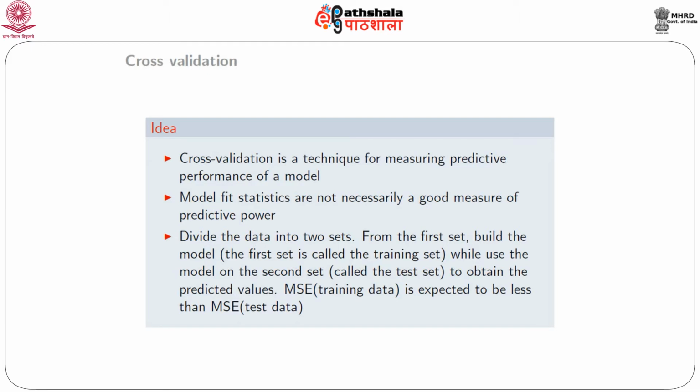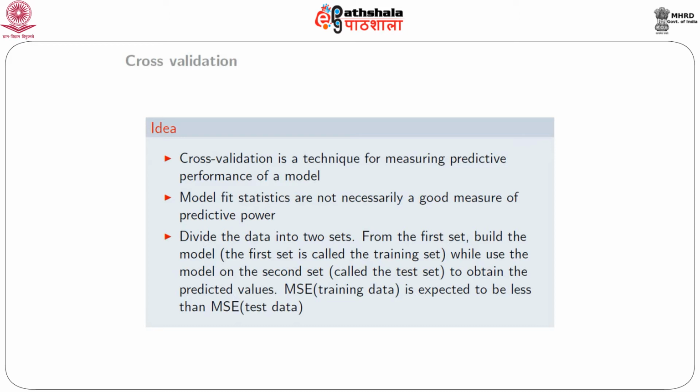For example, take a simple polynomial regression. If we go on adding higher order terms, go on increasing the power of the explanatory variable, the fit gets better and better with increase in R square, but that does not essentially guarantee that the prediction would be best. So, higher R square is not necessarily a good measure of prediction.